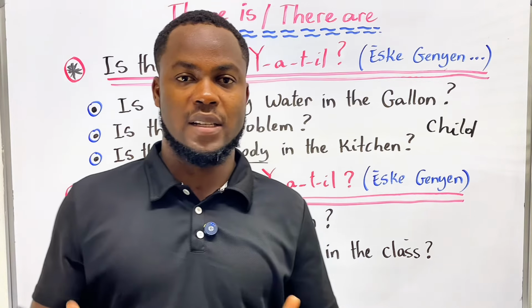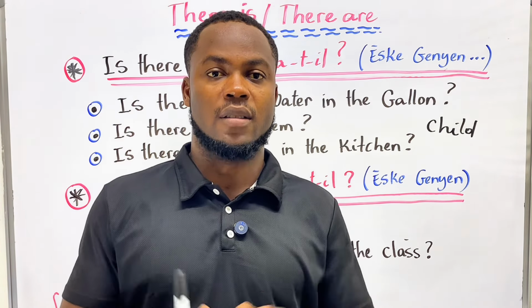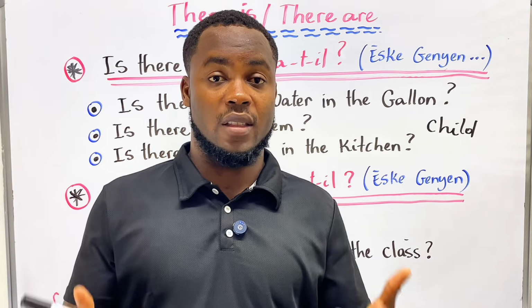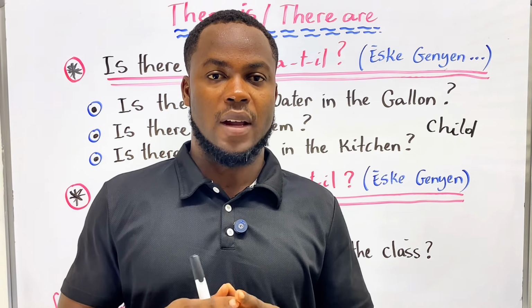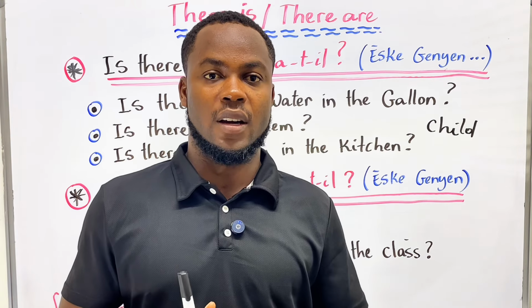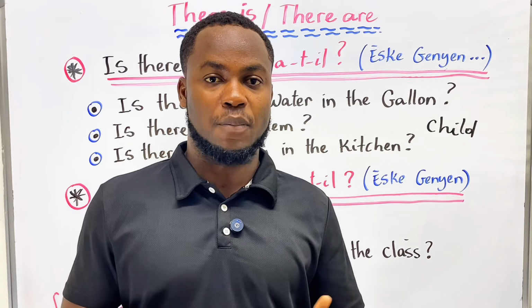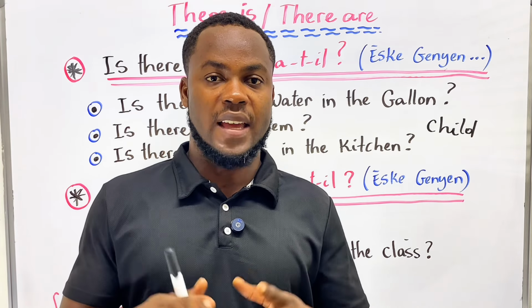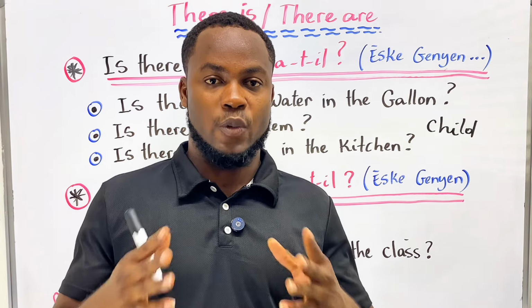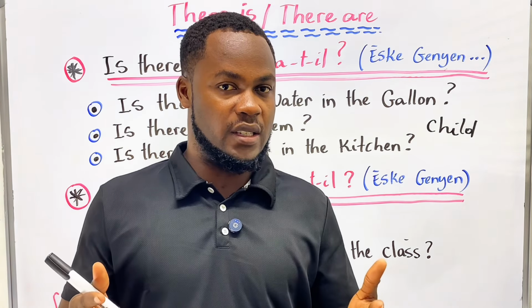So when you want to ask the question with est-ce qu'il y a, you say is there for singular and are there for plural. But now, if you want to answer, you could answer negatively or affirmatively. If you answer affirmatively, you say yes, there is, when they ask you the question with is there.